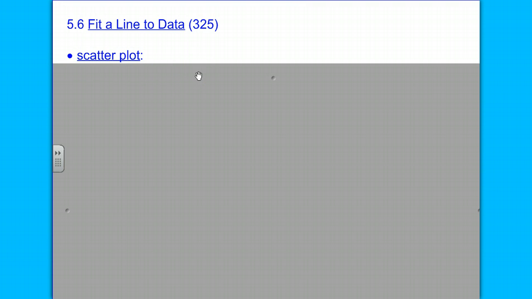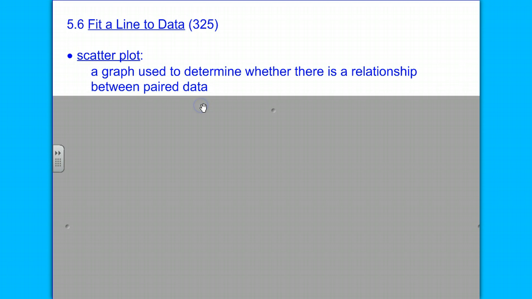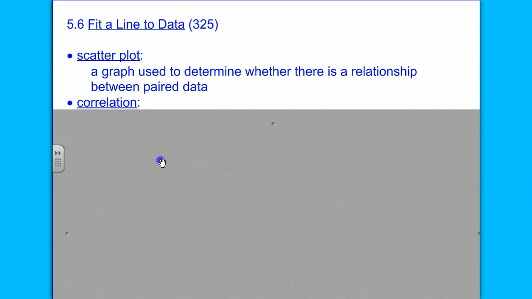It's just simply a bunch of data that's put on a graph to see if there's a relationship between the pairs of data. And what we're looking for is a correlation.